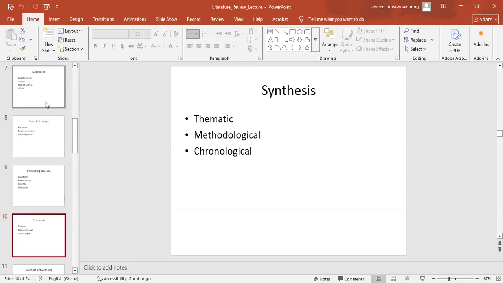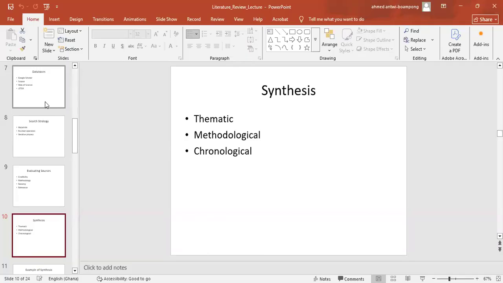Now, also comes a very critical component of the literature review. In fact, it is the heart of all the reviews, where you do the synthesis. This is where a lot of researchers actually fail. Synthesis means you are not discussing studies one by one.